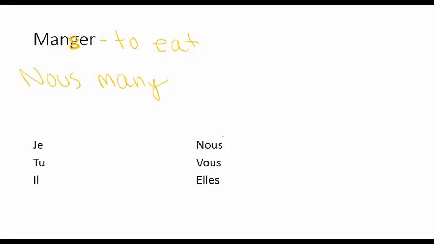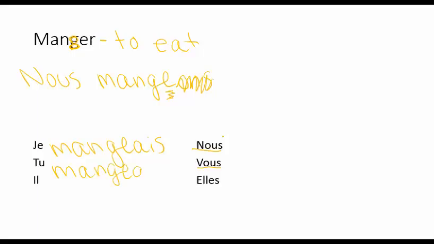There's my little E there. And again, with these two, it's a little bit different. So, je mangeais. If I take off that O and S, manger. Tu mangeais. Il mangeait. Sorry, my writing is bigger than my font. And elle mangeait.